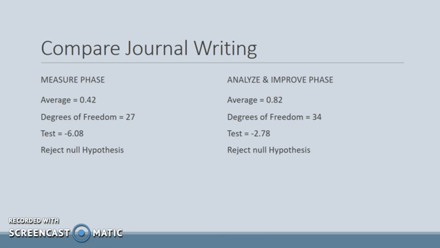And then lastly, to compare my journal writing to the goal, the measure phase was an average of 0.42 times written in my journal per day, and the analyze phase was an average of 0.82 times written in my journal per day, and the goal was once a day.